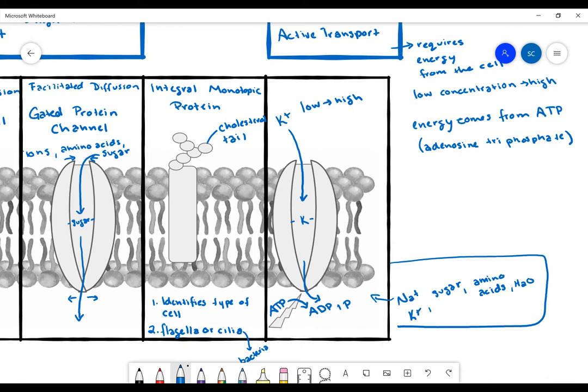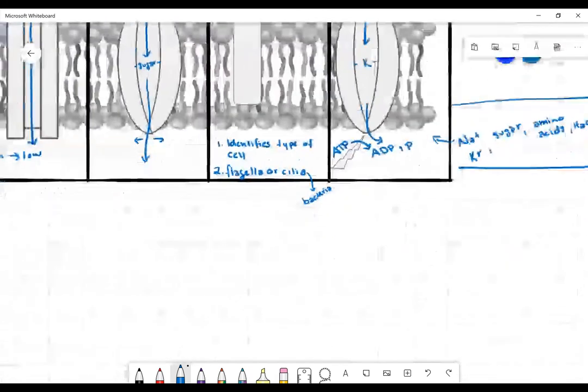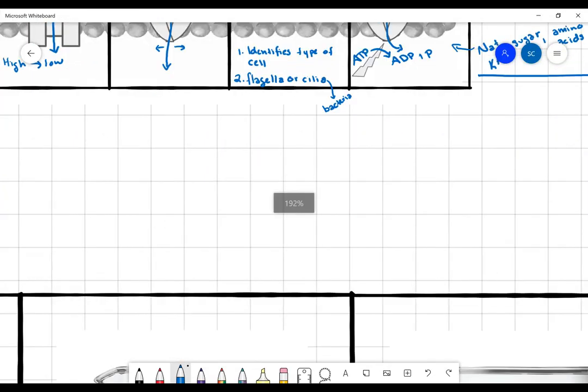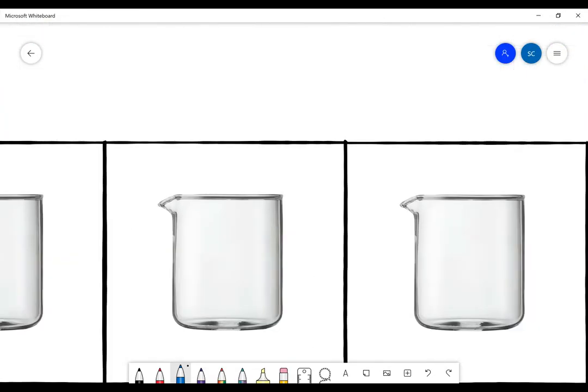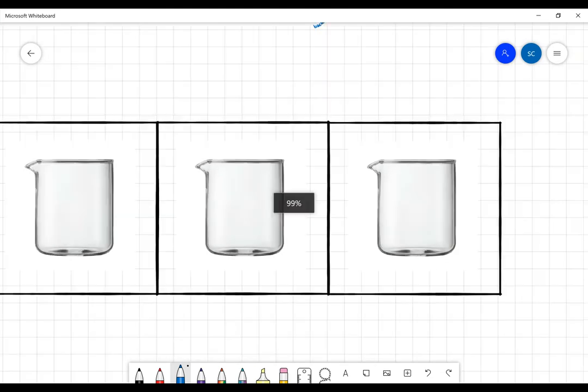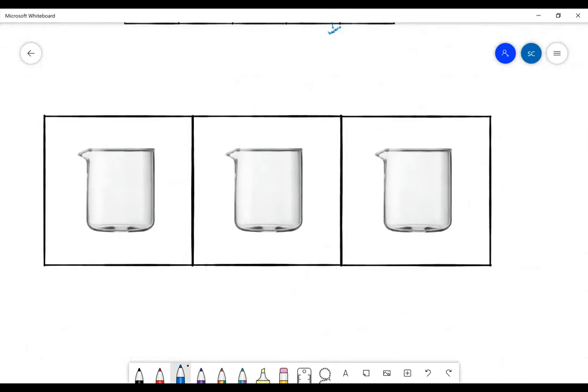Okay. So moving on, we have two more things we're going to be talking about. So we are going to be now looking at osmosis. Okay, so osmosis is a type of cell membrane transport that happens in protein channels.